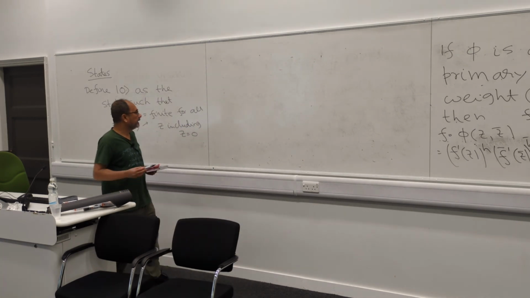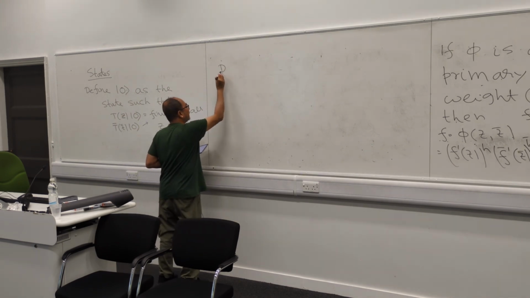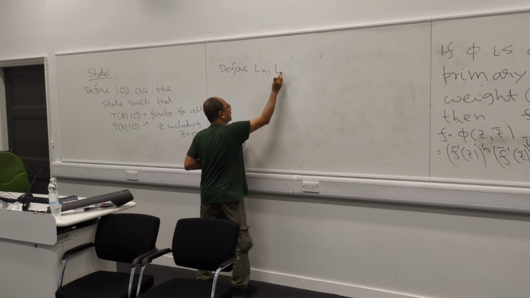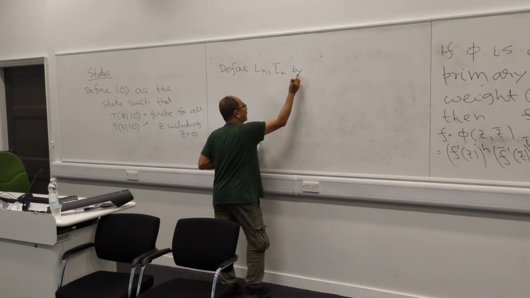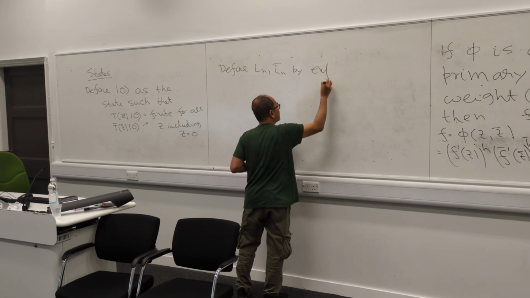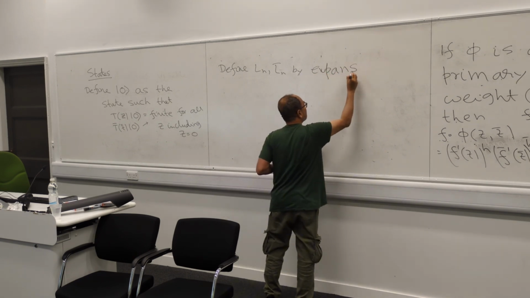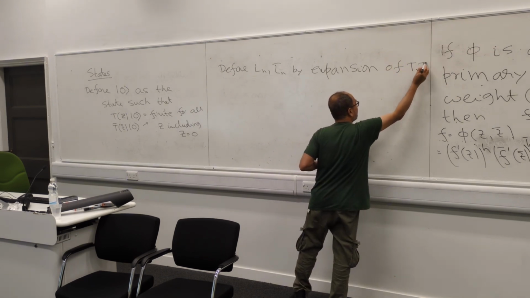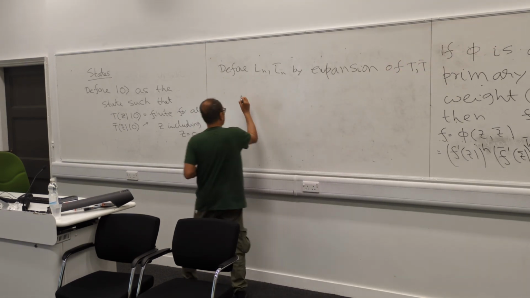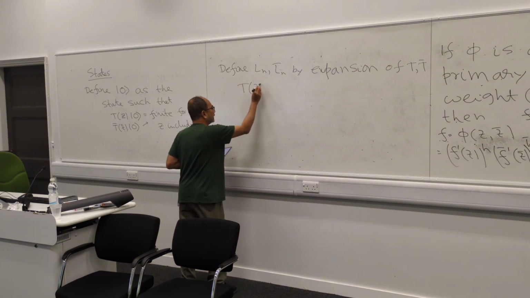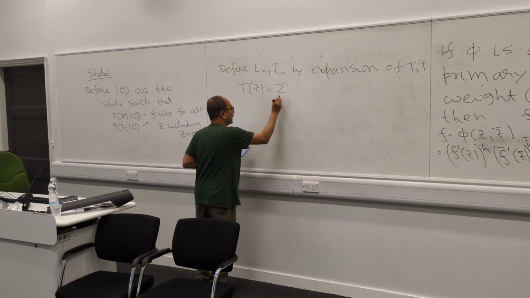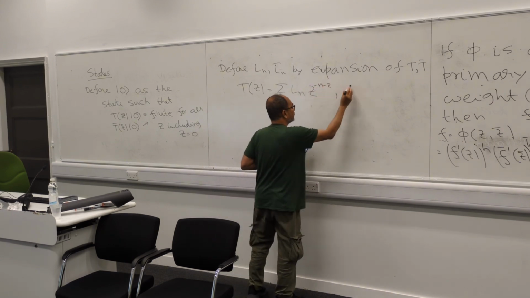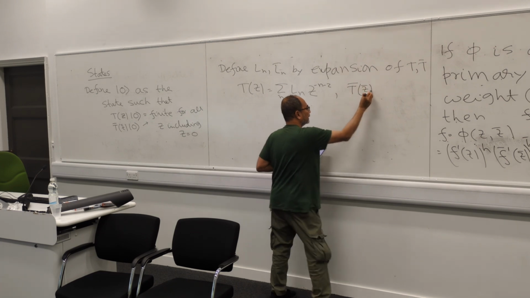Okay, and it's customary to define L_n and L_n bar by this expansion of T and T bar. So T of z is defined as sum over n of L_n z to the minus n minus 2, and similarly T bar of z bar.